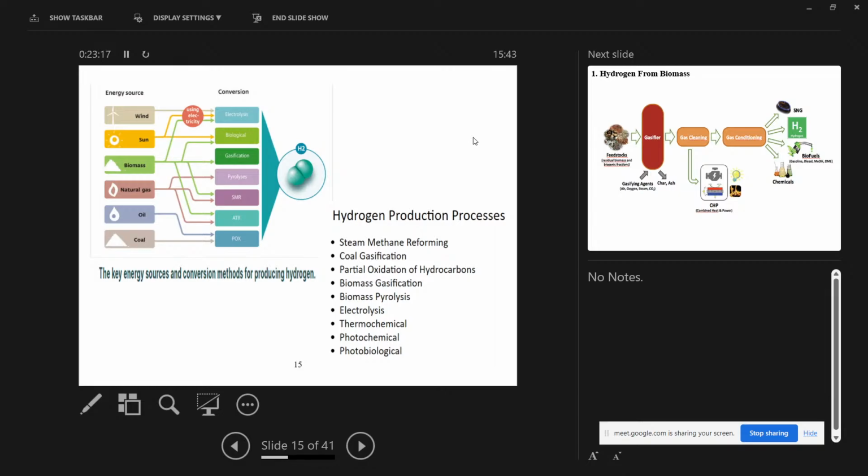Today in the slides, or in today's conversation, we'll talk about processes you may never have heard of, or maybe have only a little idea about. This is useful because it is very new and still at the pilot plant stage. So we'll talk about the three main production processes one by one, which will give you an idea of how this is synthesized.